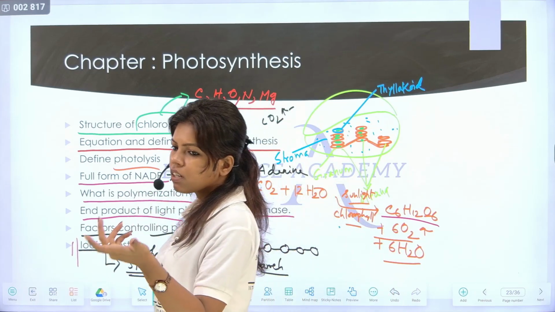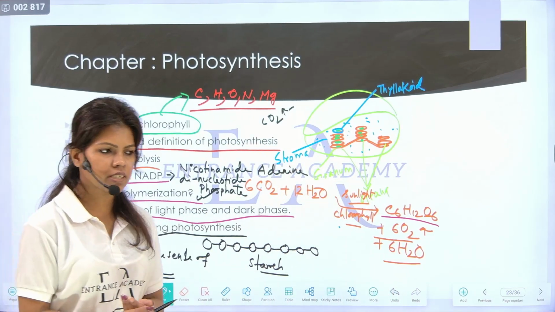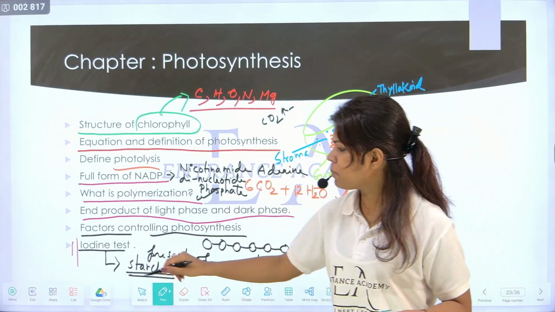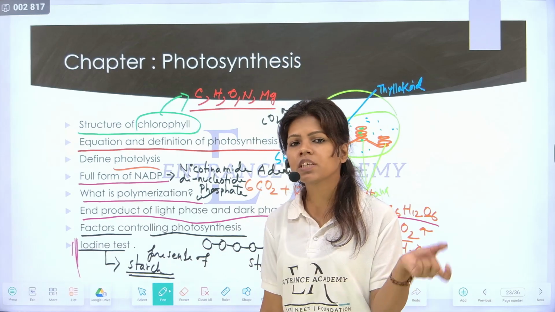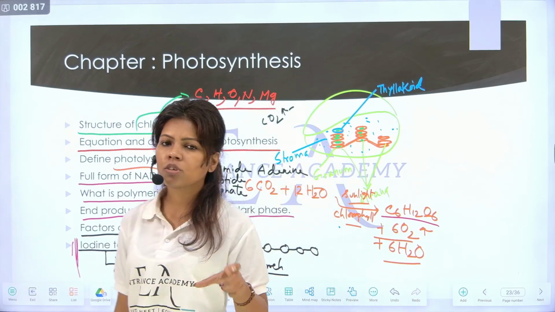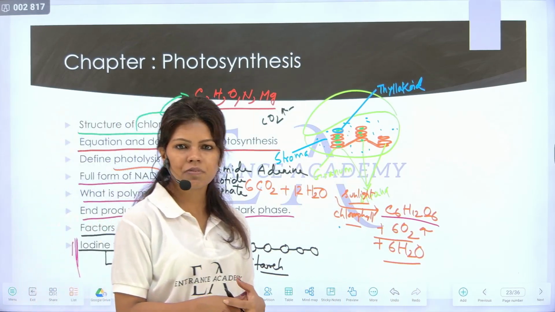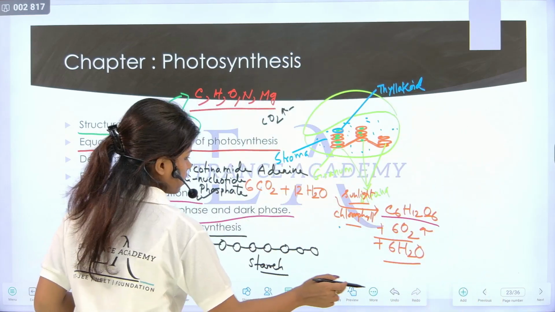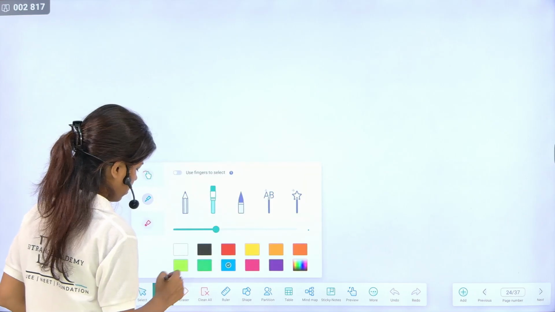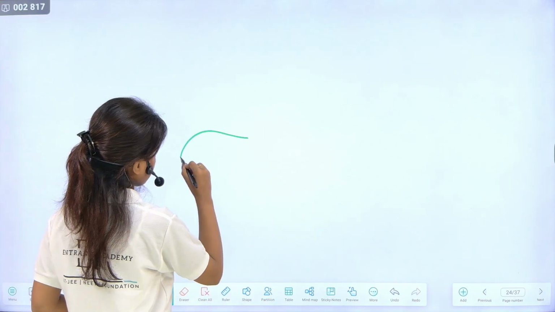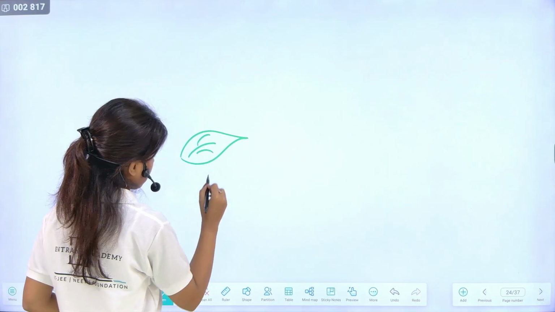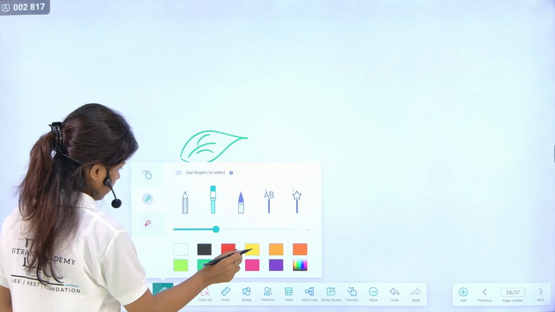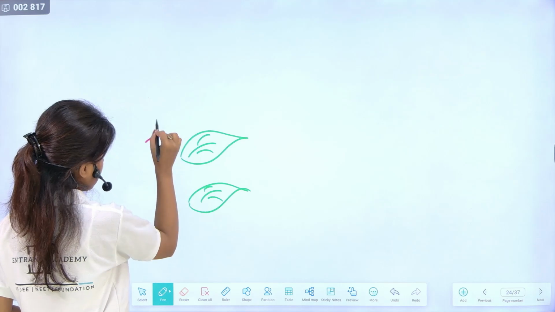In an experiment of photosynthesis, we will pluck one leaf, and to establish whether it contains starch or not, we will just pour some amount of iodine solution on the surface of the leaf. If it turns blue-black, starch is present.